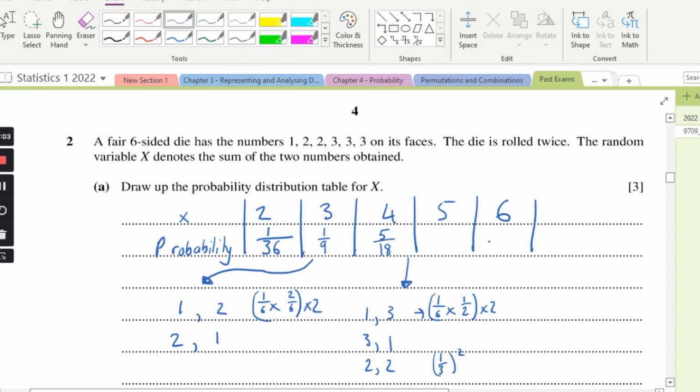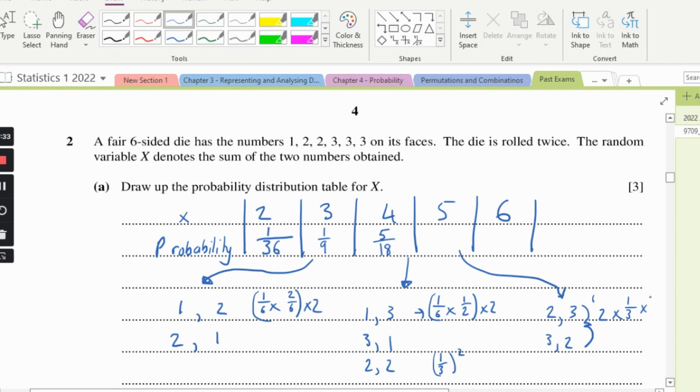All right, now 5. So how are we going to get 5s? I guess we could go 2 and 3, or 3 and 2. So we could simplify that by going 2 lots of, now what's a 2? 1/3, and then a 3 is 1/2.